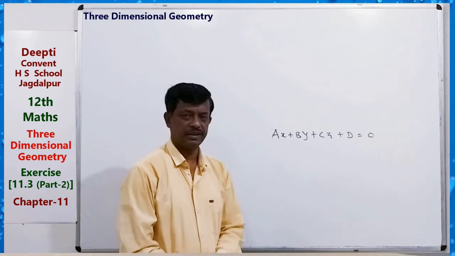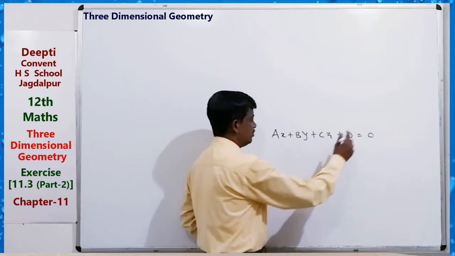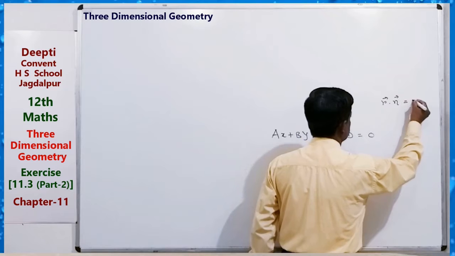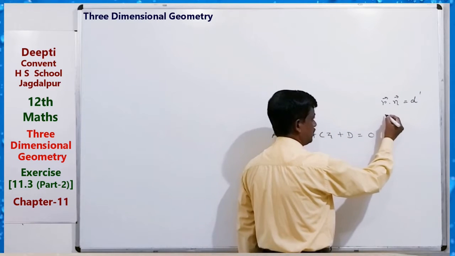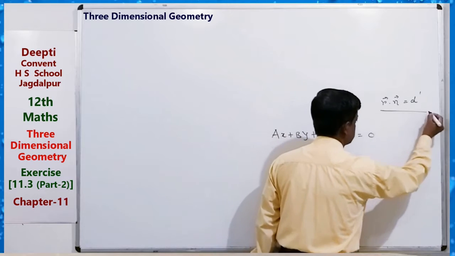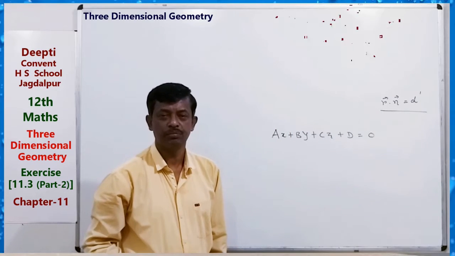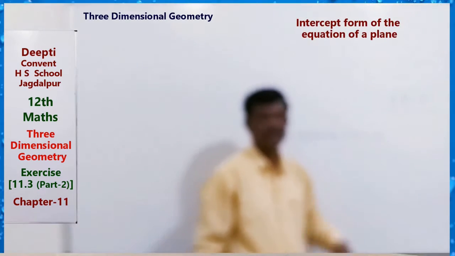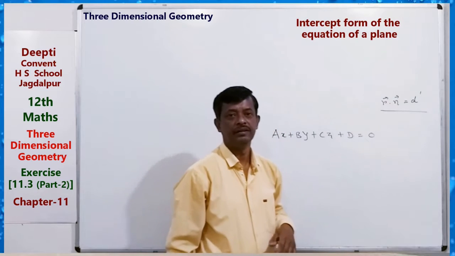This represents a plane because r dot n equals d gives the vector equation of a plane. Vector n is perpendicular to the plane.